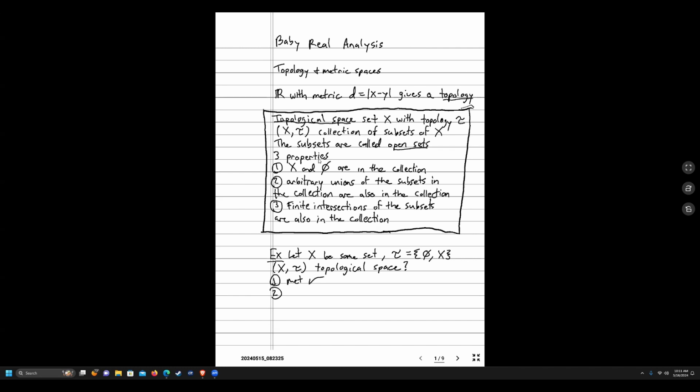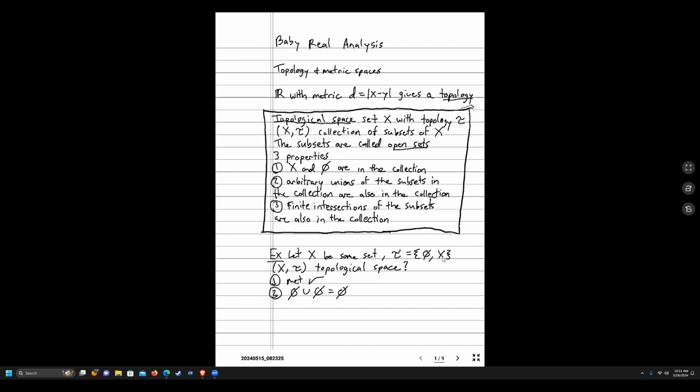The second condition is talking about arbitrary unions of the subsets in the collection also being in the collection. There are only two sets in tau, so when you union them, you could do the empty set union with itself, but that's the empty set, and that's in our collection of subsets.